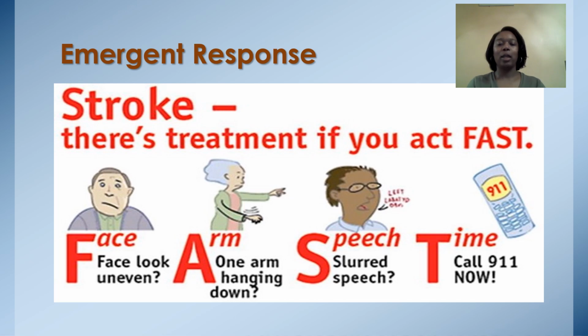It is important to call 911 and to have them taken to an acute care setting for treatment as soon as possible, because as I explained, treatment depends on the timeline, and most stroke protocols have a time frame in which they can actually administer the TPA, and they have to get a CAT scan first in order to state that this patient is appropriate for TPA, or an MRI to confirm that it's an ischemic stroke versus a hemorrhagic stroke.